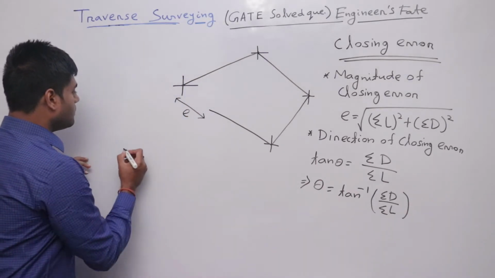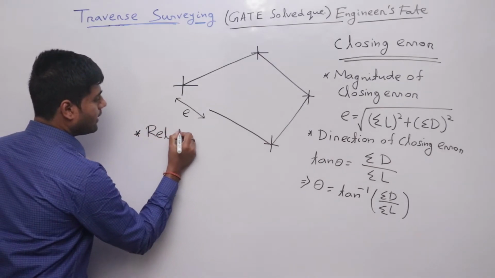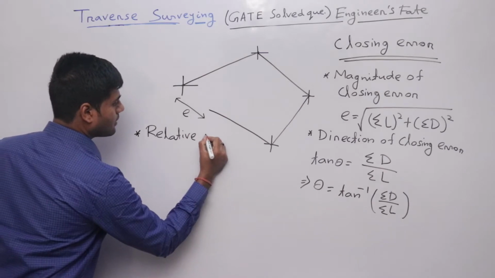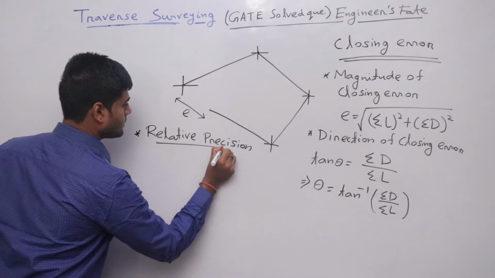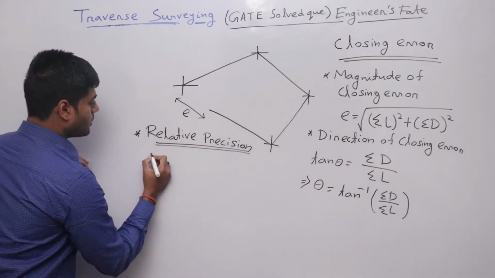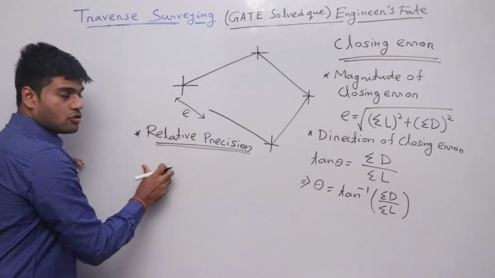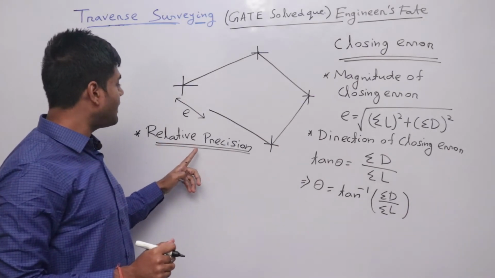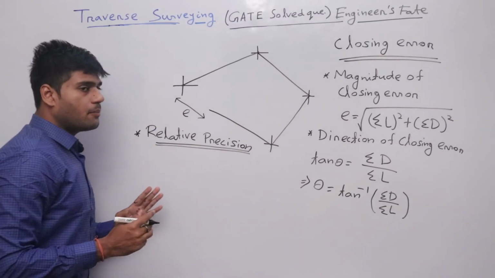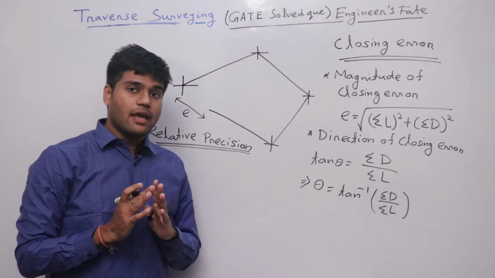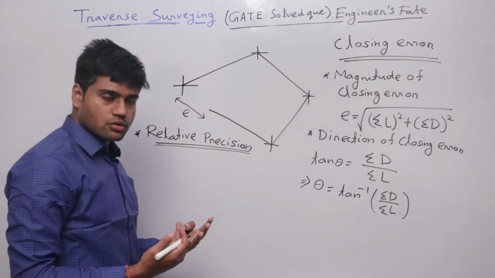There is one more term that is known as relative precision. So relative precision means what? We will solve a GATE question, and that will be more clear. For now just remember, relative precision means relative error of the closure.